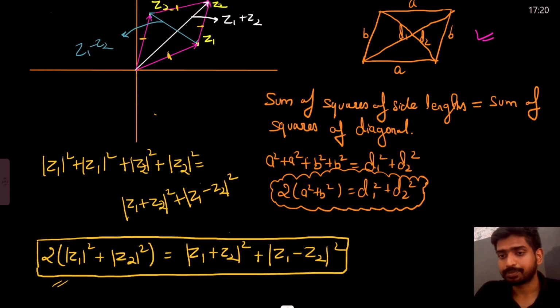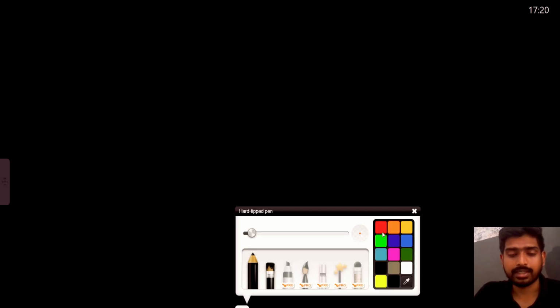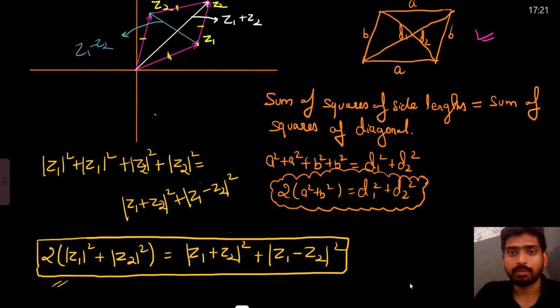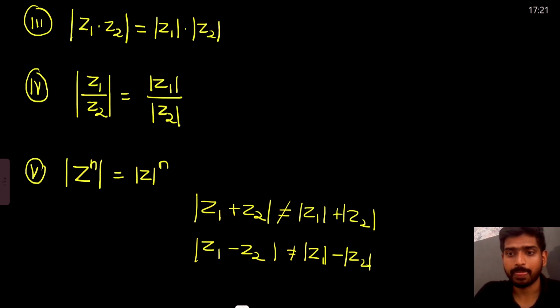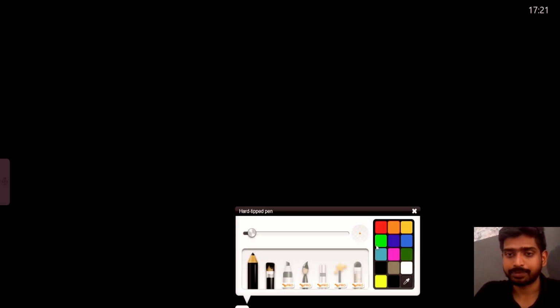Now next. This was property 6. Now property 7.